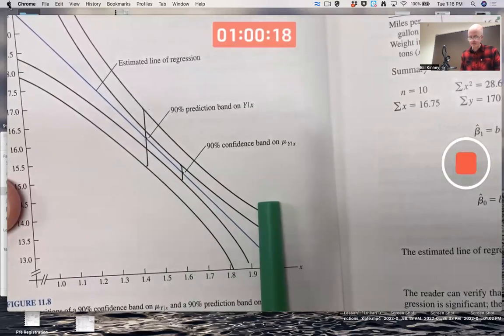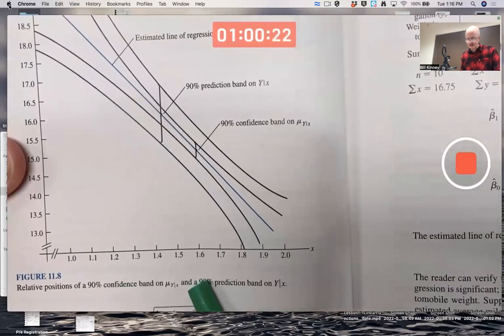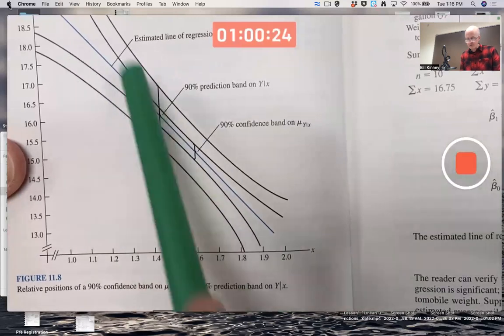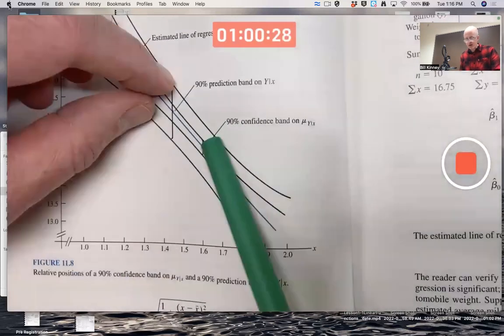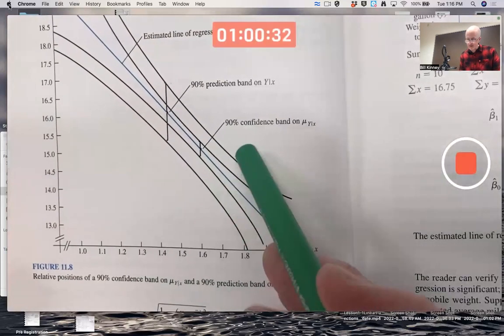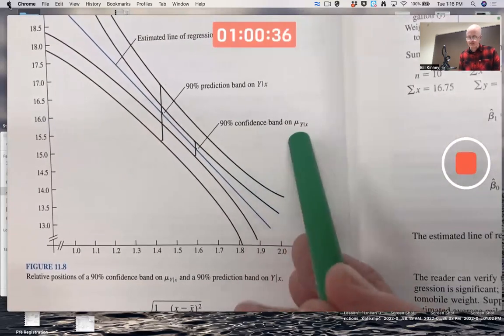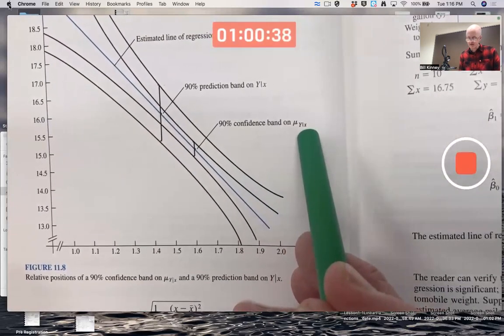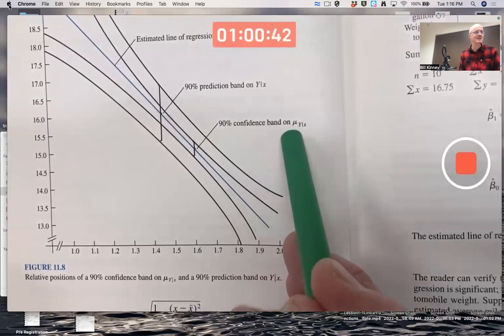For each of these values of x, you've got 4 other curves colored black. The 2 that are closest to the blue line form the confidence intervals to estimate mu. It's labeled 90% confidence band on mu y given x.